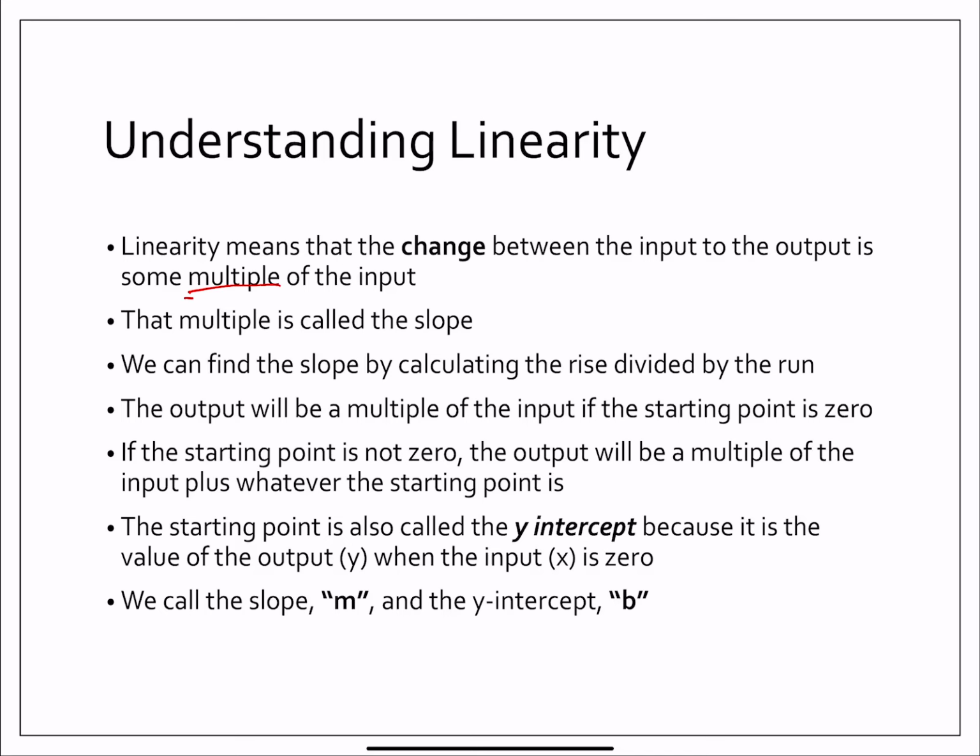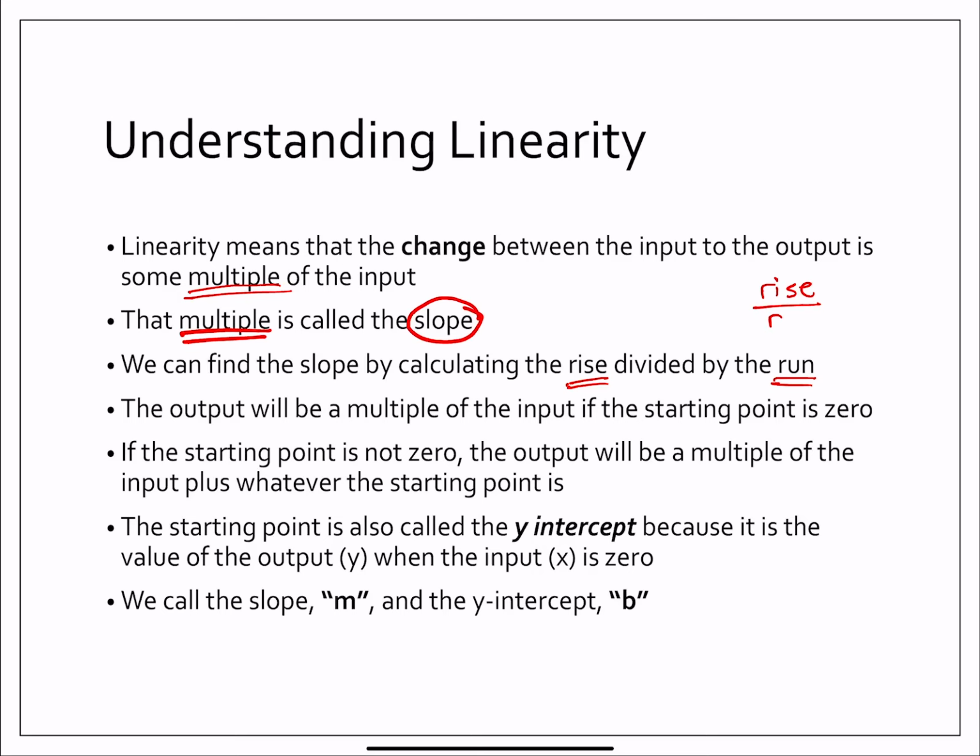The multiple, whatever we're multiplying by, we call that the slope, right? So whatever we multiply by to get the output is what we call the slope. And we can find the slope by dividing the rise over the run. Well, the way it looks is like this.